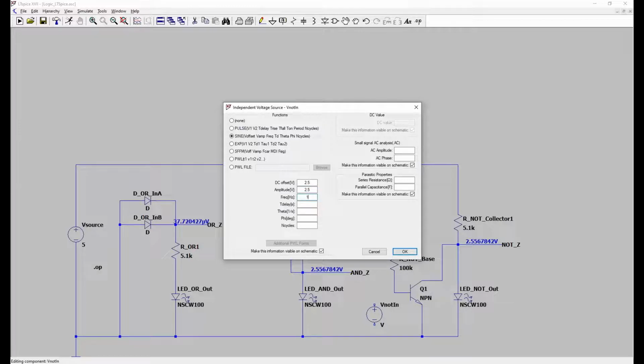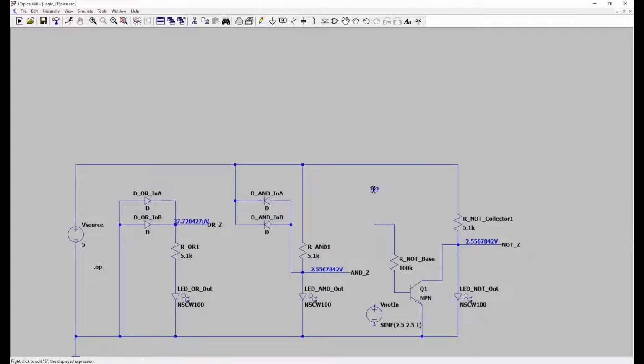It's fine. And move this voltage to show the input voltage and connect the AC supply. And then run a transient simulation for a few cycles.